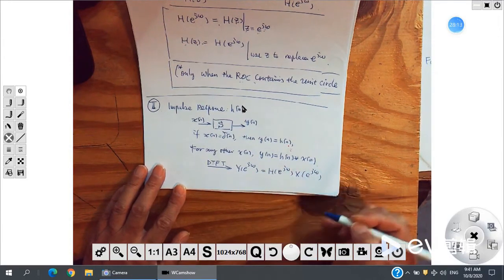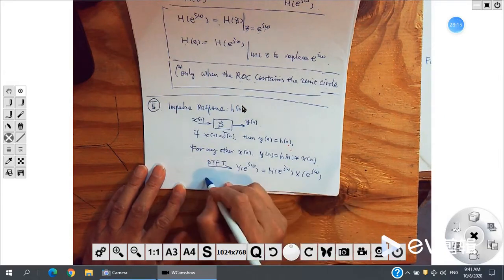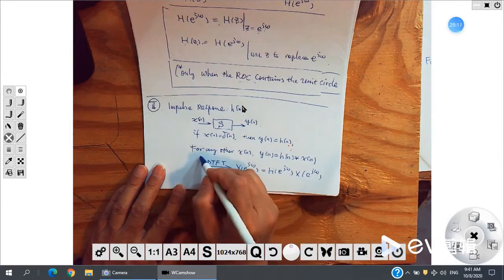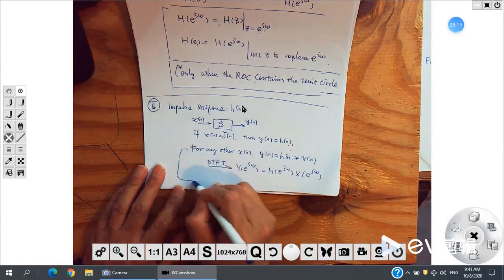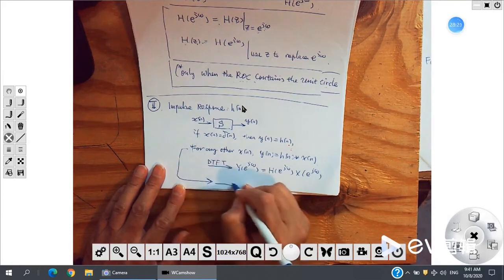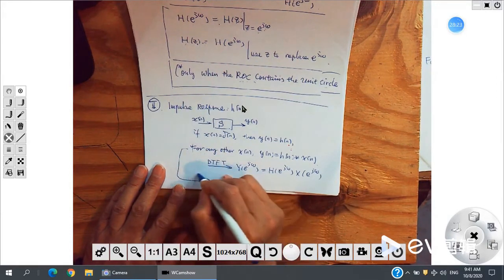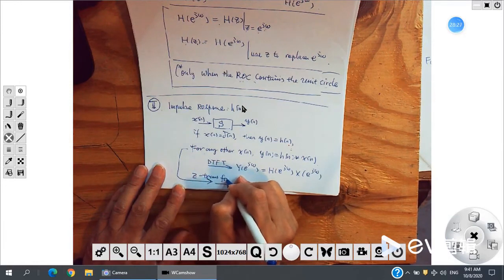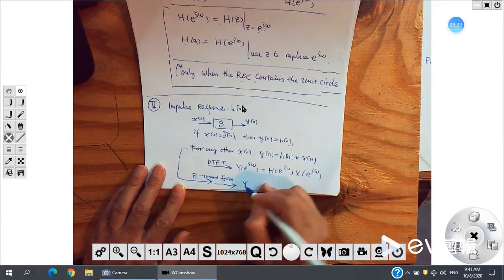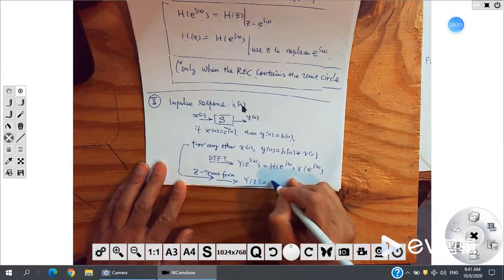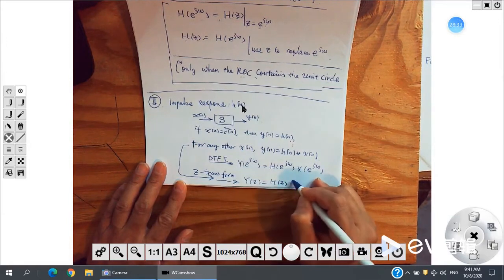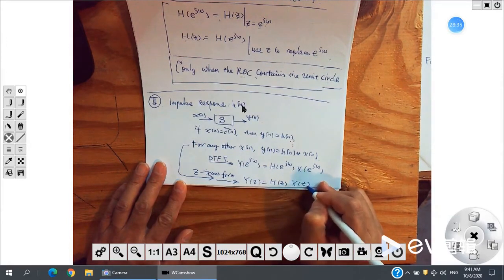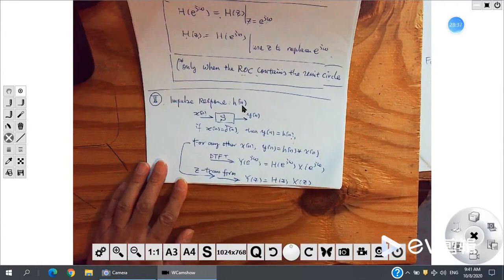Then we have a similar thing. Now by the Z transform, we still have Y of z equal to H of z times X of z.